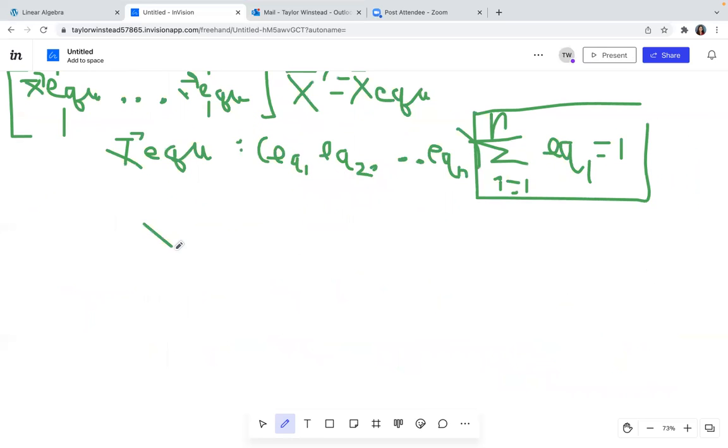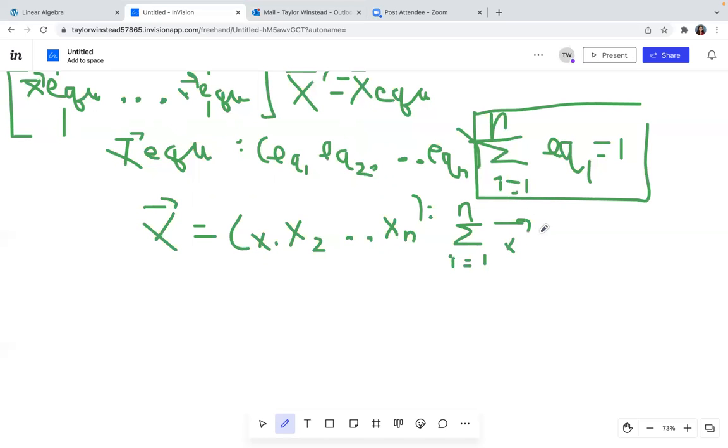Then we can say the same thing about vector x, because it's the initial distribution, but it's still a distribution vector, which means that x1, x2, all the way up to xn can also be summed. So the sigma sum as i equals 1 all the way up to n of x_i equals 1.